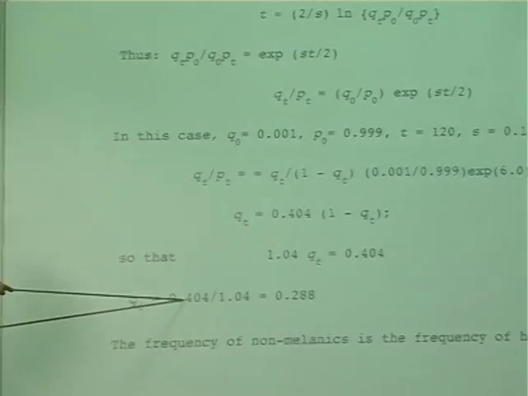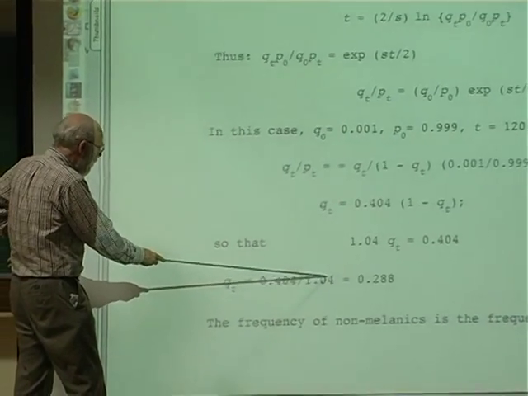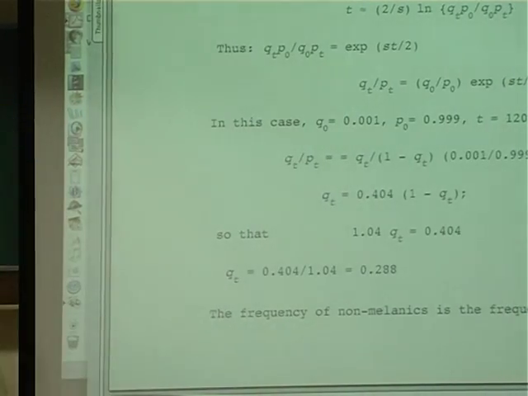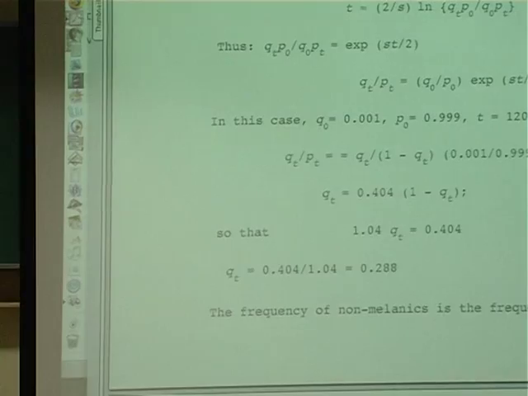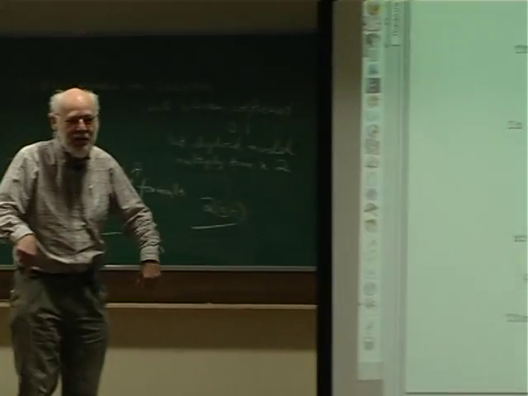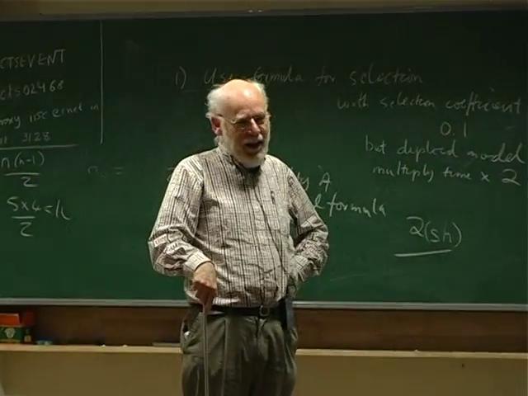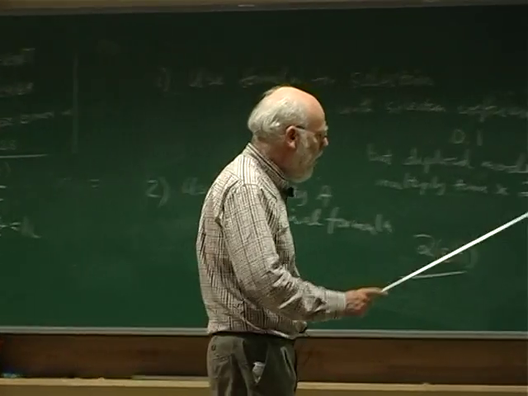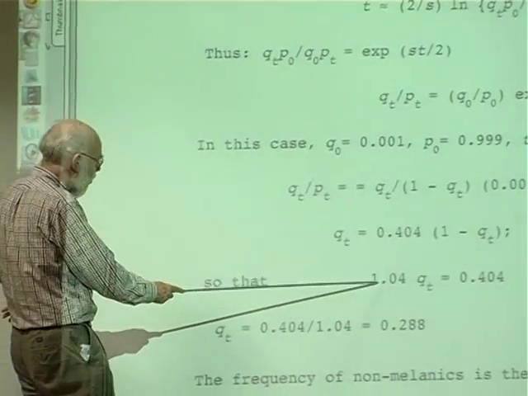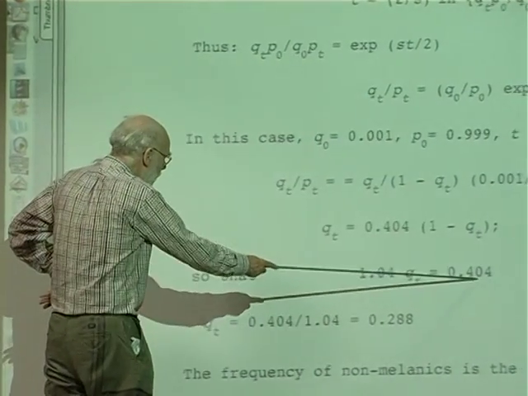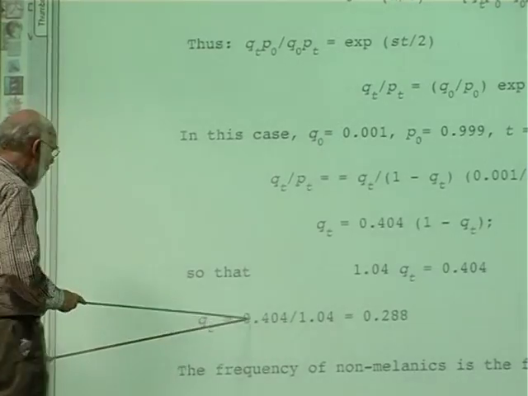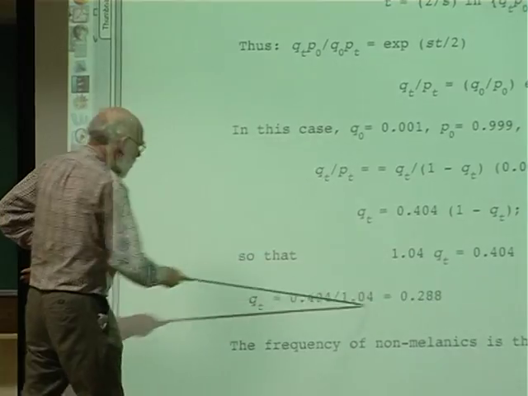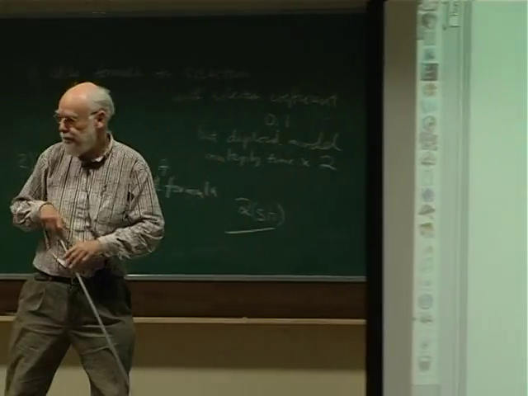It doesn't make much difference. You might want to do the correction yourself. As I said, I'm extremely bad at numbers. So the really correct answer is 1.404 q_t is equal to 0.404. So q_t is 0.404 over 1.404, so it's a little bit smaller than that.